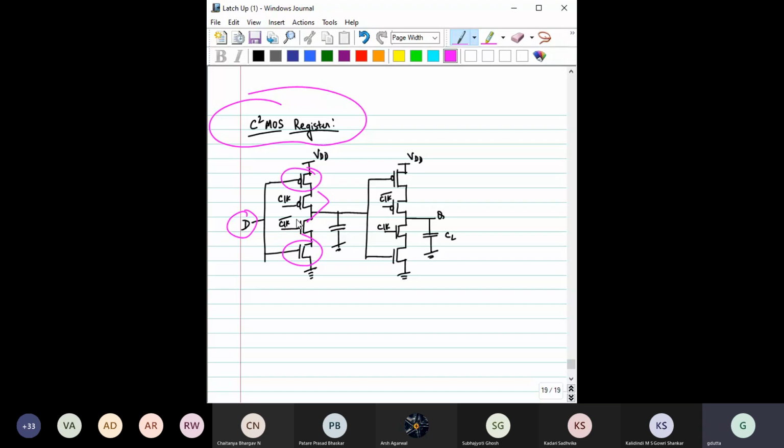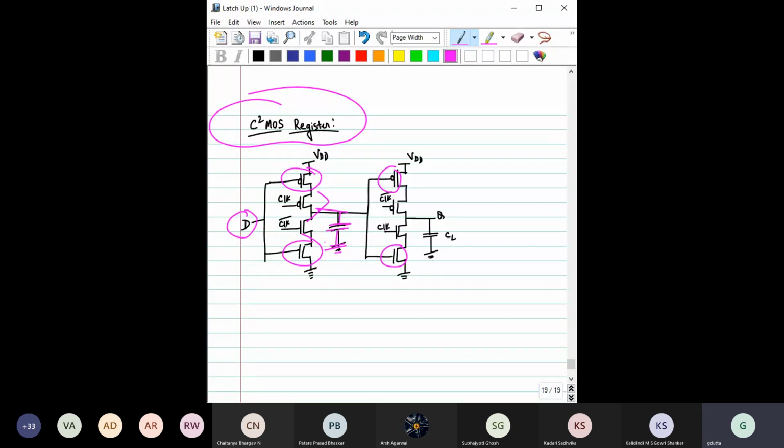There, the clock gated input was outside and the logic was inside. Here it is the opposite: the logic D is outside, and the clock gated inputs are inside. And here you can see the intermediate capacitor, which is the parasitic capacitor of this and this, and you have this clock bar and this clock bar.